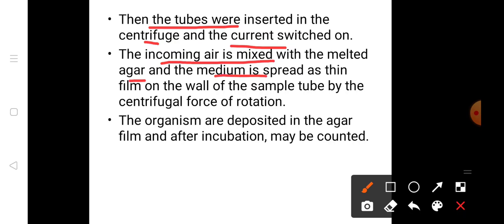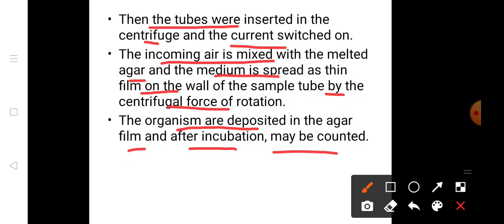The medium is separated as a thin film on the wall of the centrifuge tube by the centrifugal force of rotation. The organisms are deposited in the agar film, and after incubation we can count the colonies.